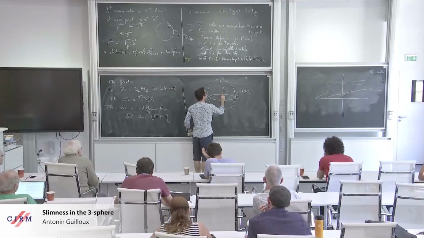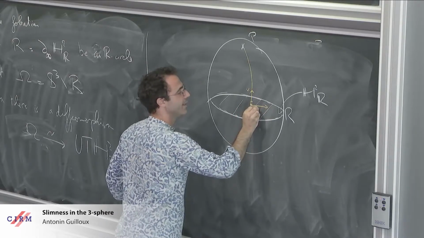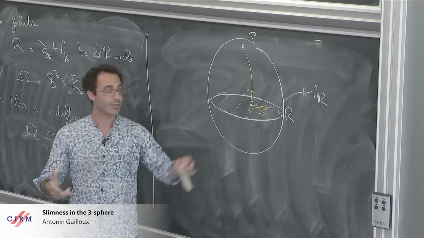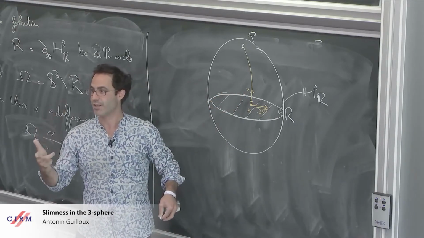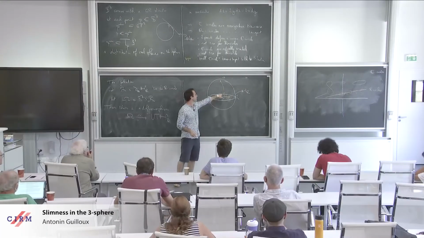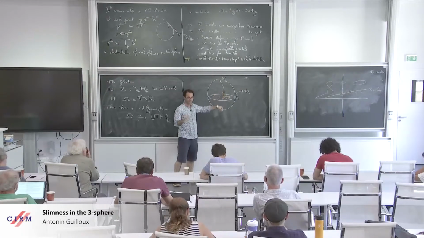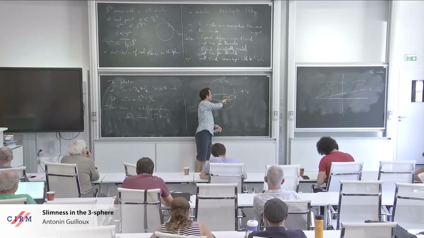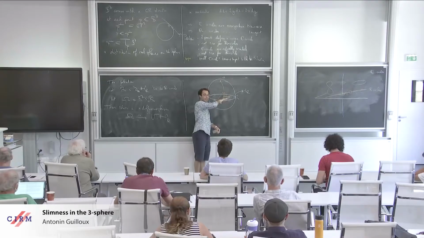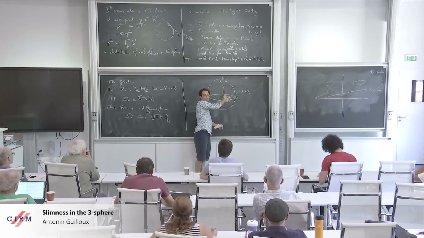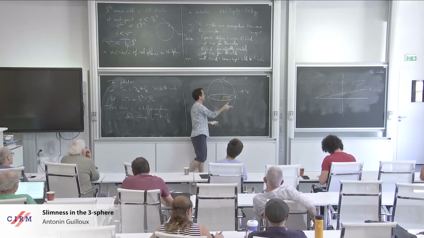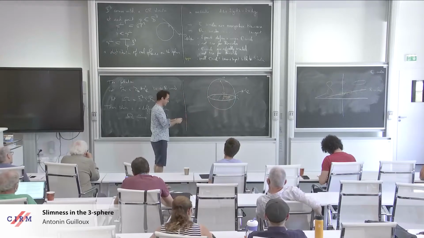So this is V, and this is JV. In coordinates, you multiply the coordinates of V by I. Okay? It is not hard to verify that this vector is actually tangent to H2R. This vector is purely imaginary, and this vector I multiply by I, so it becomes purely real. Okay? This is the morphism.